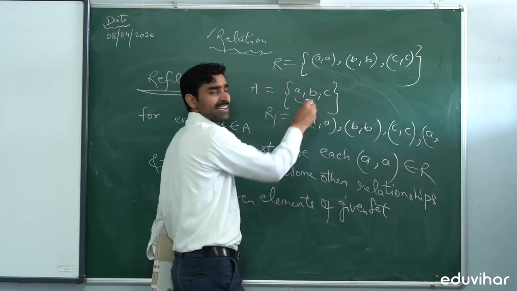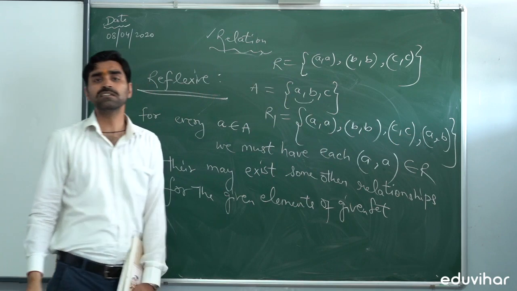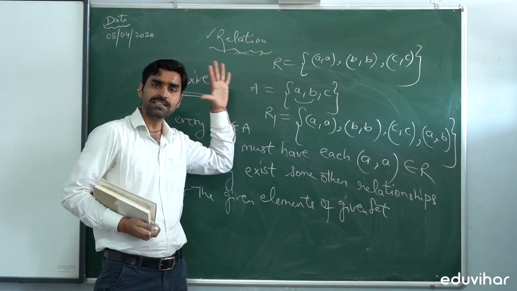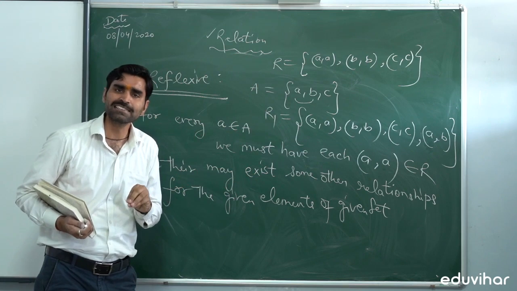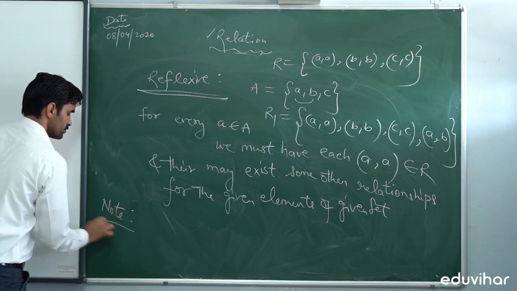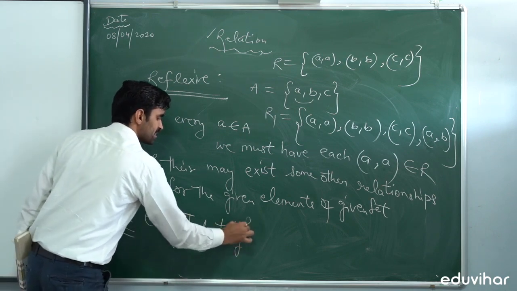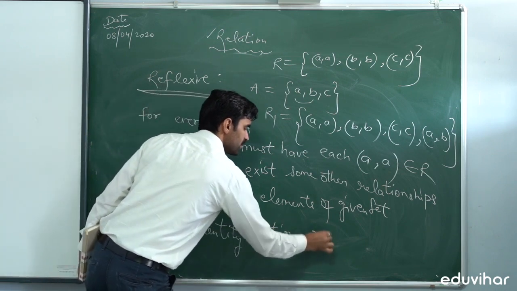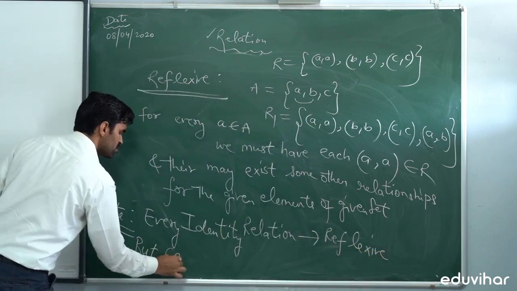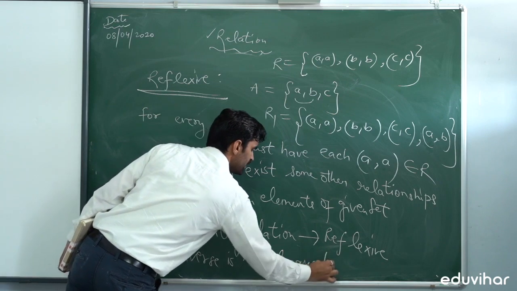That is, A can have an image with B, or B can have an image with C, or A can have an image with C. In this way, we observe that every identity relation is reflexive, but the converse is not always true.